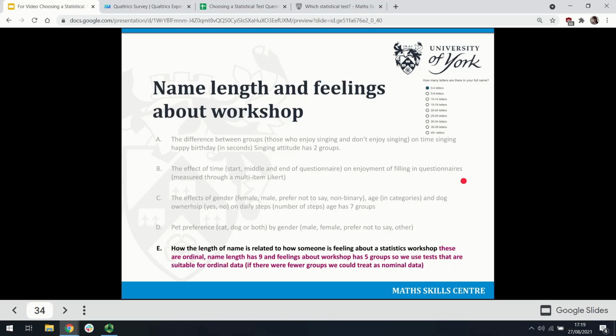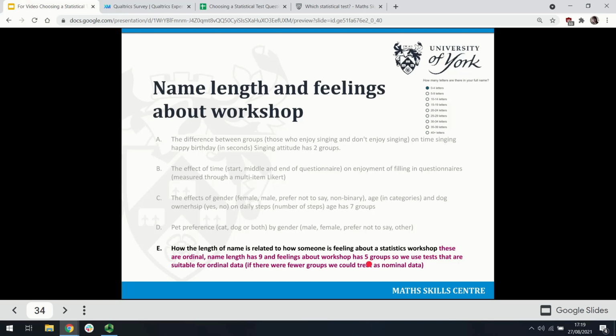Just another last word on name length and feelings about the workshop. These aren't nominal variables. We intended them to be ordinal variables. So we would say that name length currently, the way we've intended it to be collected, has 9 categories. So this is 1, 2, 3, 4, 5, 6, 7, 8, 9. And the feelings about the workshop has 5 categories.